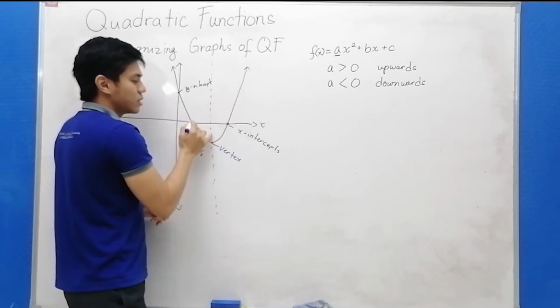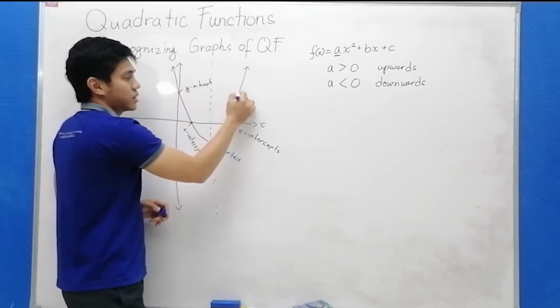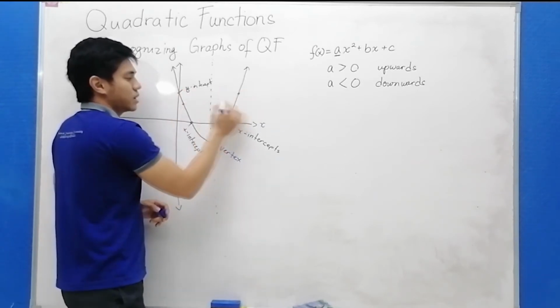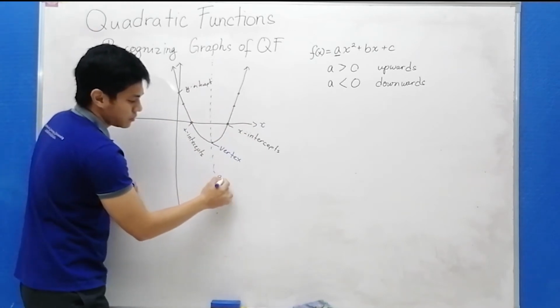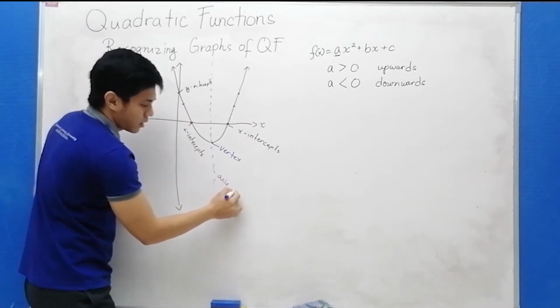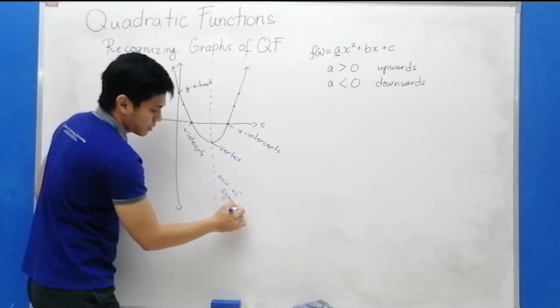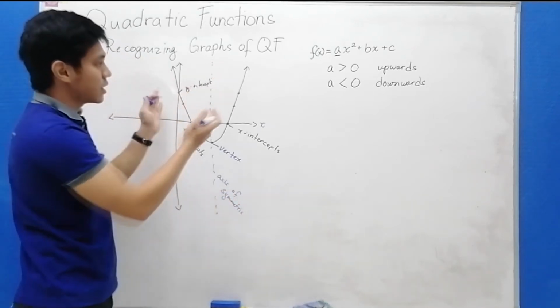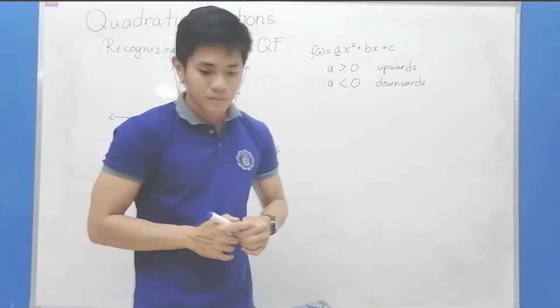The value here will have an equal value here, and the same for this one. That's why we call this the axis of symmetry, because we will have symmetrical values from one side of the parabola to the other side.